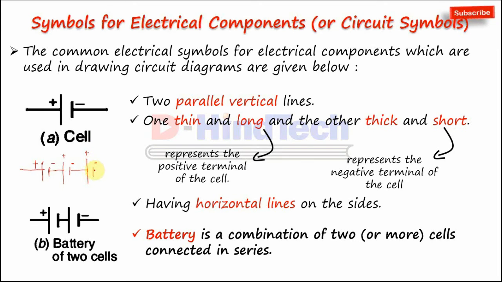In this way, draw a horizontal line on both sides of these terminals, and we get the perfect symbol for a battery combining three cells. So this is about the symbol for the battery.